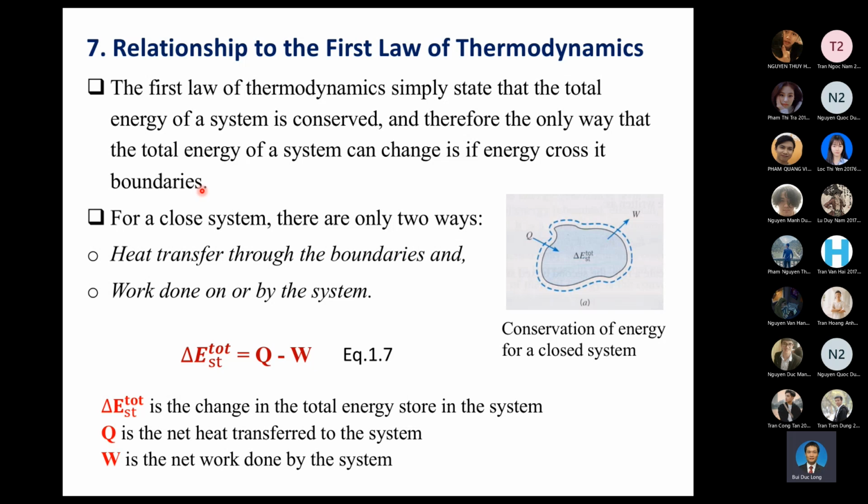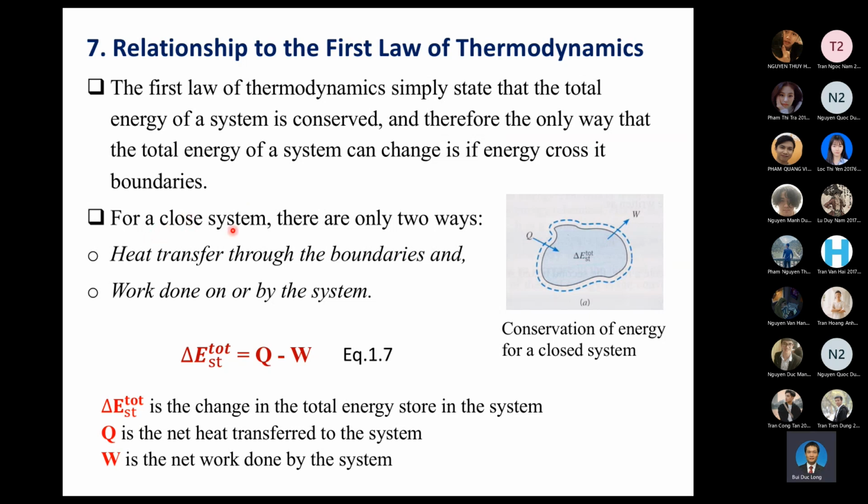Because in thermodynamics the energy is conserved, it can only convert from one mode to another mode, but the total amount of energy doesn't change. So it means conserved. The change here only happens because energy crosses the boundary.